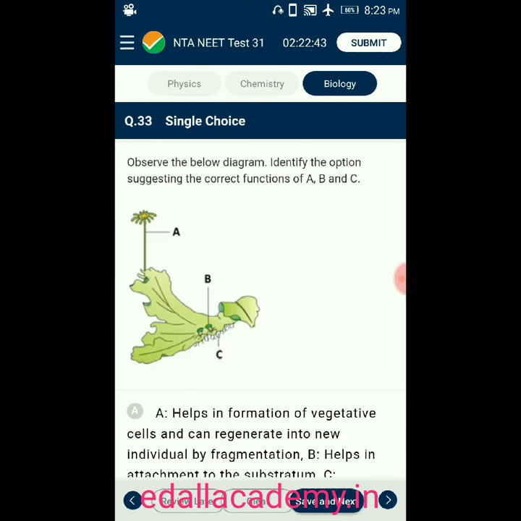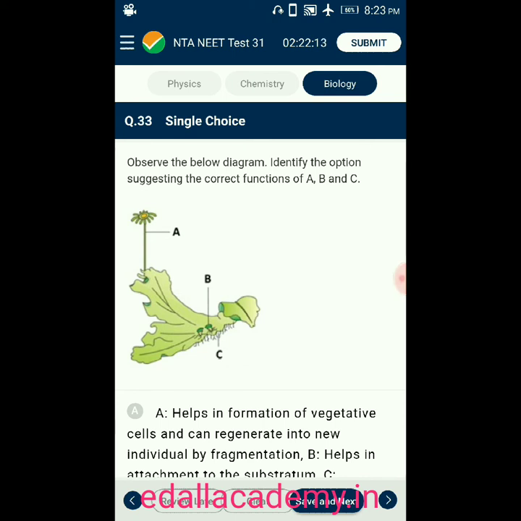Question number 33. Observe the below diagram. Identify the options suggesting the correct functions of A, B and C. The given diagram is of a female thallus of Marchantia. A represents the archegoniophore, the female branch containing the female sex organ for production of the female gamete and receiving the male gamete for sexual reproduction.